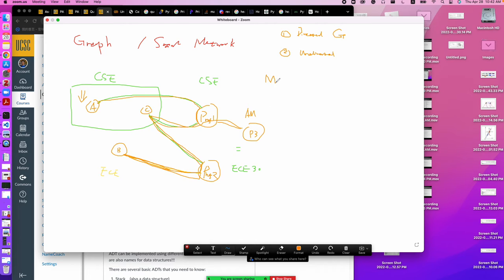There's a way to describe this kind of graph by a matrix. It's quite intuitive. Let's assume we have some rows and columns. Let's say A, B, and C, and Professor 1, Professor 2, and Professor 3. That is a 6 by 6 matrix, right?